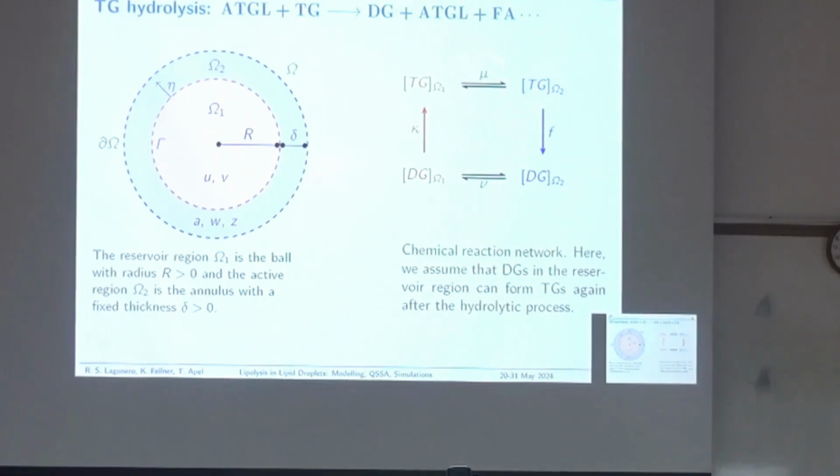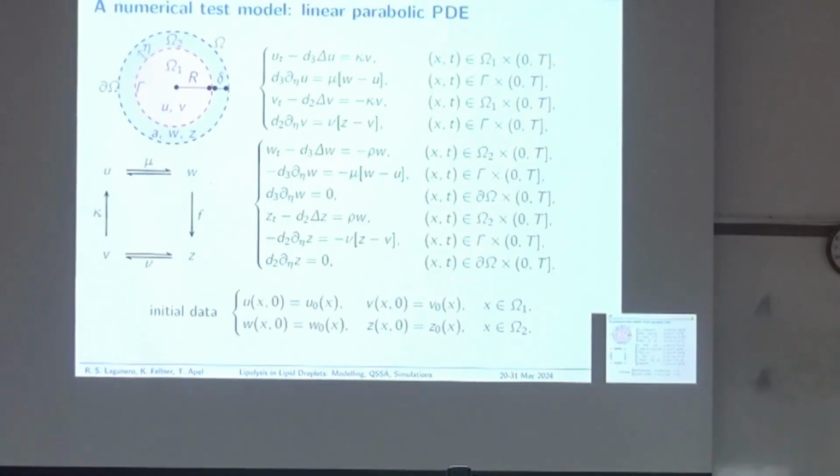Why did we do what we did? The goal is to compute a positive equilibrium solution. Okay, so with this chemical network, you impose, of course, these reaction diffusion equations.